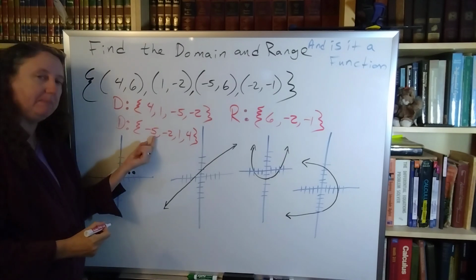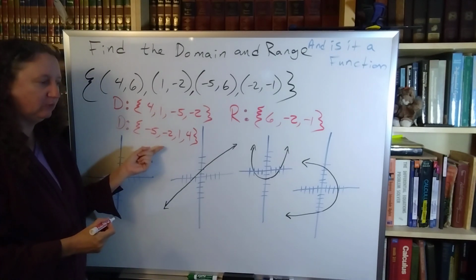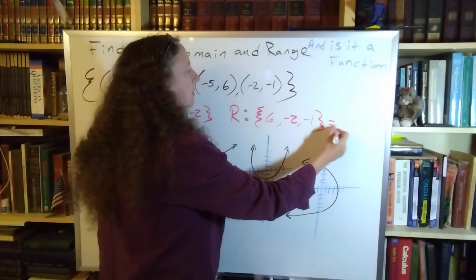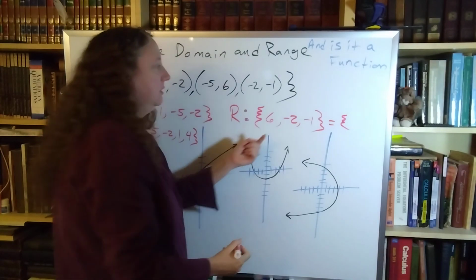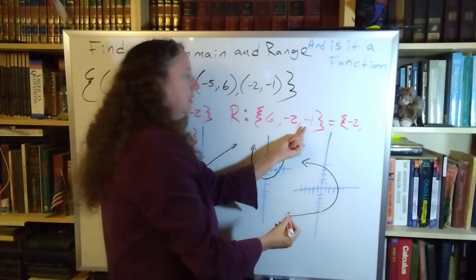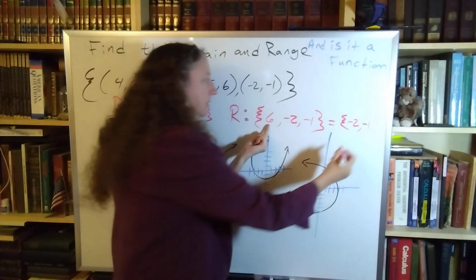So that is the better answer. That's not saying this one's not correct, but this one is better. Over here, same thing. It would be better to put the smallest number first, next smallest, and then next smallest.